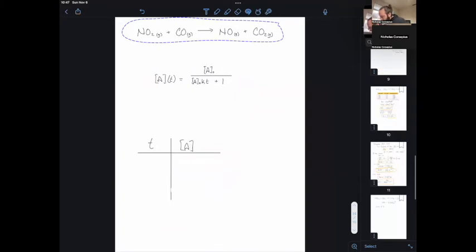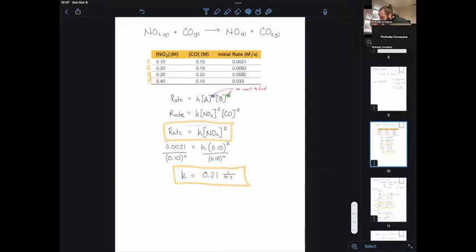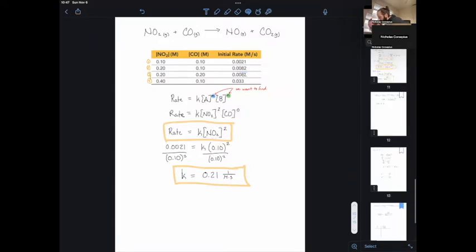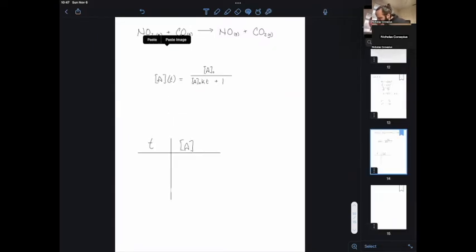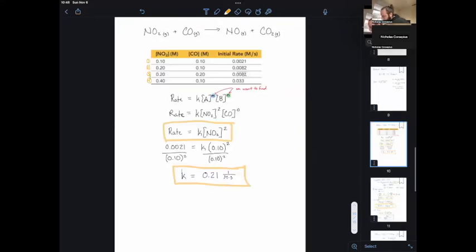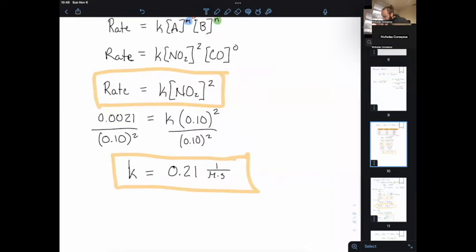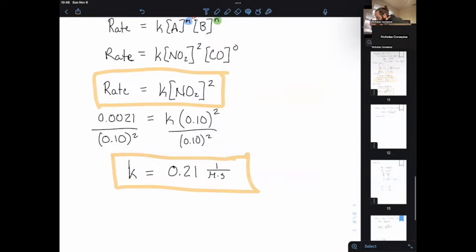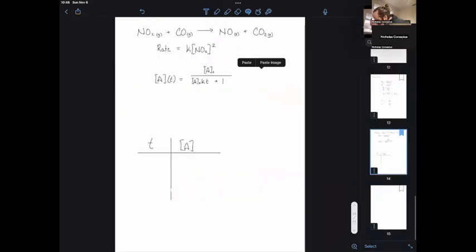And using the data for this reaction, we figured out what that rate law was, right? We figured out that this was indeed a second order reaction. So that's why we're going to use this integrated rate law for a second order reaction. And we even went as far as to figure out that not only was it a second order reaction, but also the value of k we found for this. Okay.